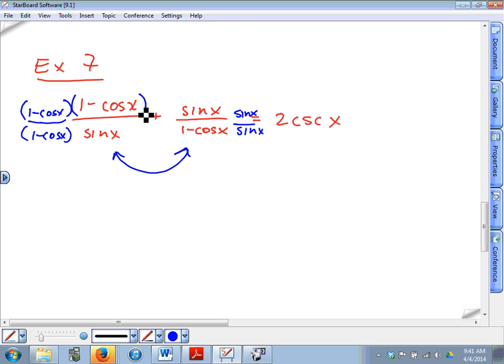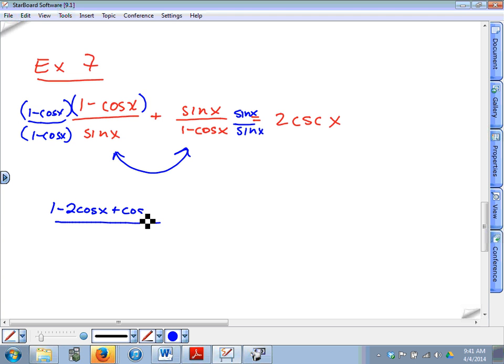Now you gotta make sure you're paying attention. Are these conjugates? No, they're not. 1 minus cosine times 1 minus cosine. You gotta be careful on this multiplication. It's not 1 minus cosine squared. What is the multiplication? It's going to be 1 minus 2 cosine x plus cosine squared x.